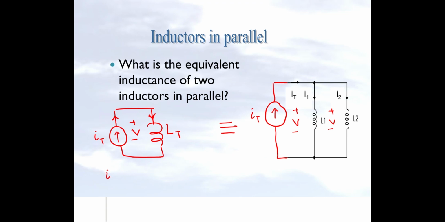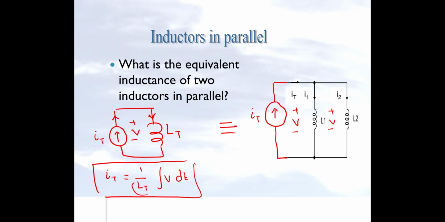So IT would equal 1 over LT integral of V dt, where V here is the voltage across the inductor, which is the same as the voltage across the current source because they are in parallel. Okay, so now I managed to write down the supply current in terms of the equivalent inductance and the voltage across the supply current.